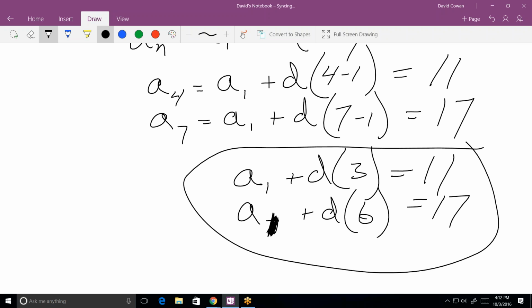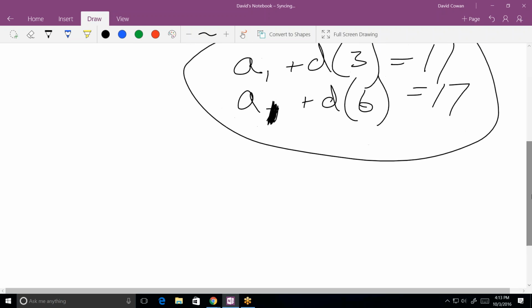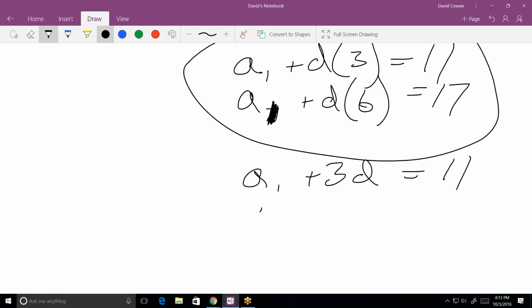Nothing like confusing the student. Notice that I can write it as 2 equations with 2 unknowns: a sub 1 plus 3d equals 11, and a sub 1 plus 6d equals 17.